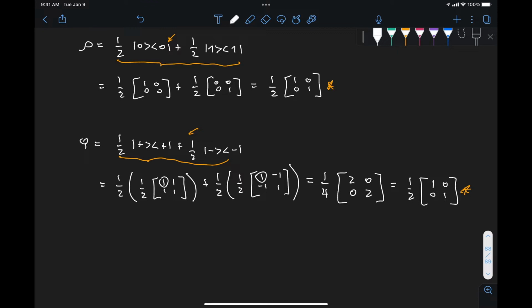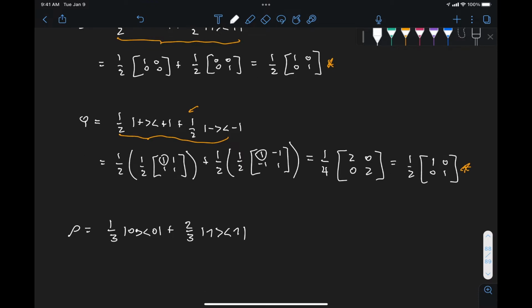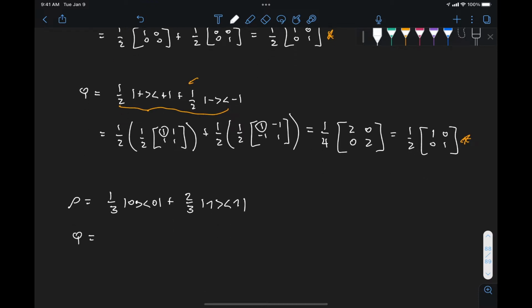We can have, for example, a state of the form rho equal 1/3 |0><0| plus 2/3 |1><1|, and then a completely different state of the form 1/2 state A plus 1/2 state B. So here we can see that these two states have completely different classical probabilities.